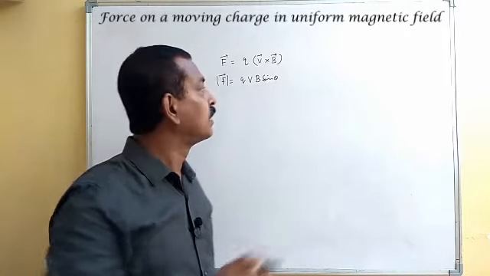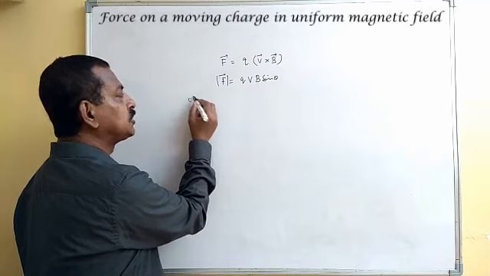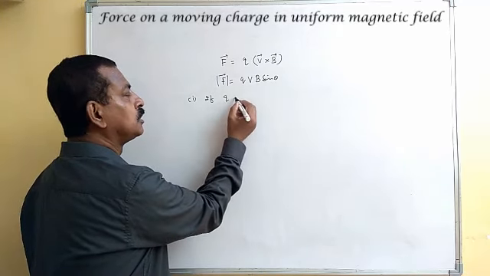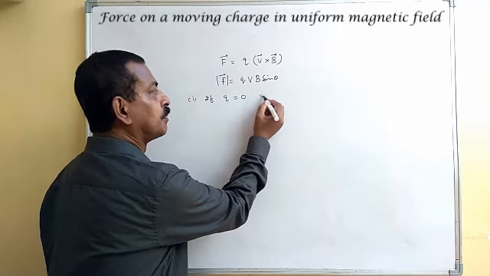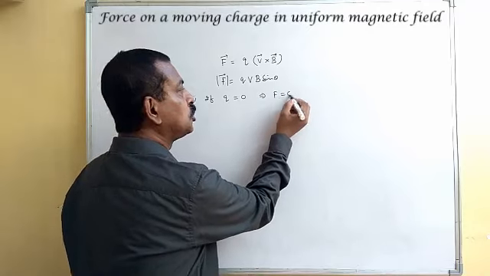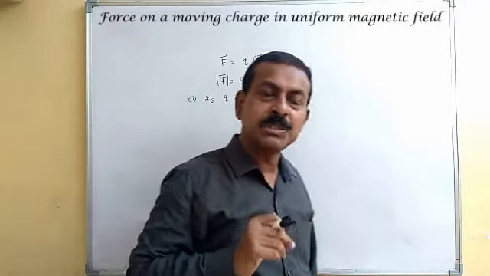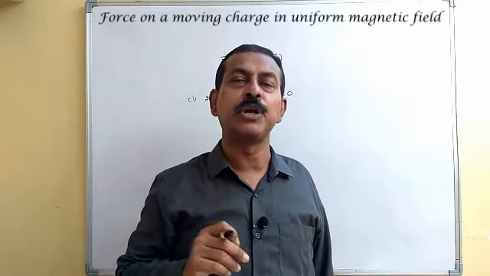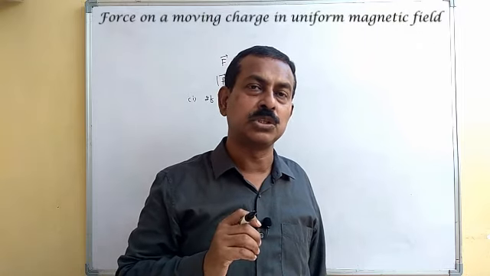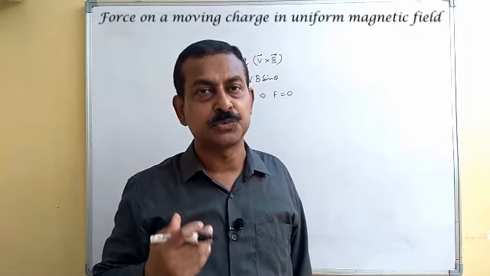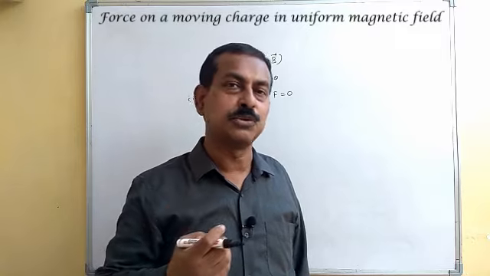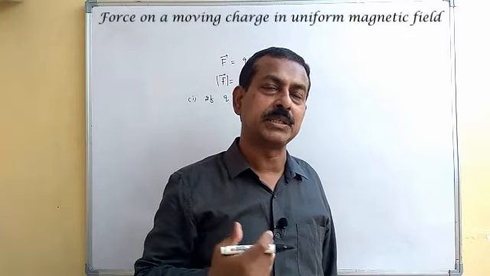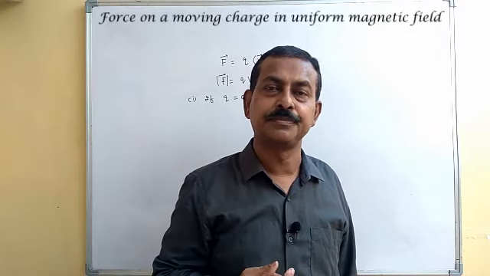Now, if Q is 0, then F will be 0. That means an uncharged particle will not experience any force in a magnetic field. For example, a neutron will not experience any force in a magnetic field.